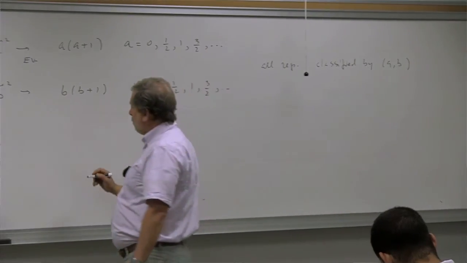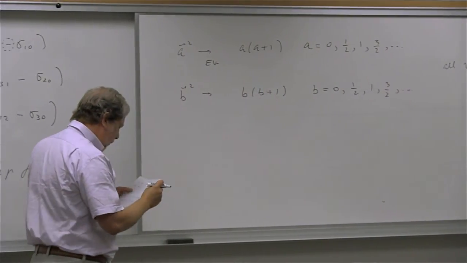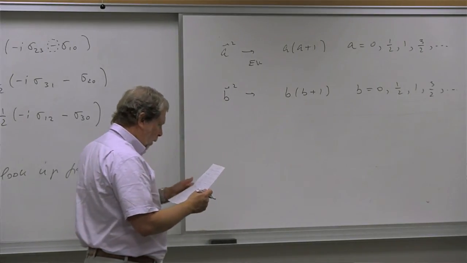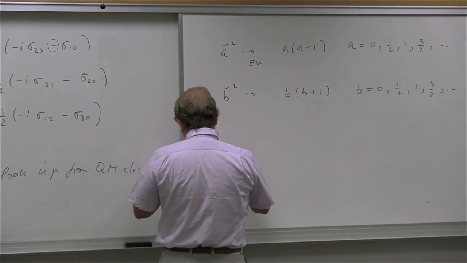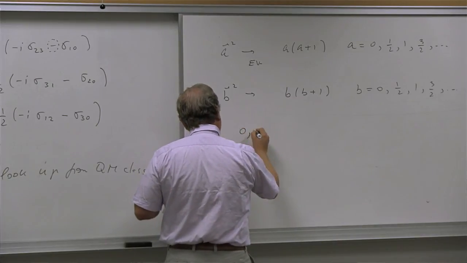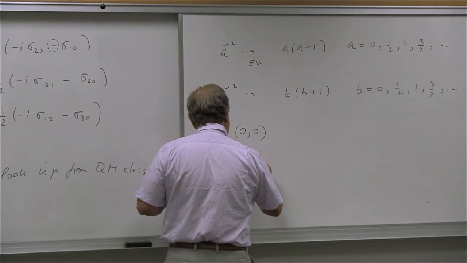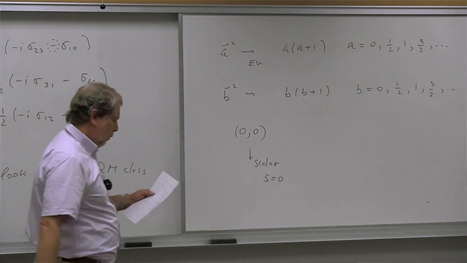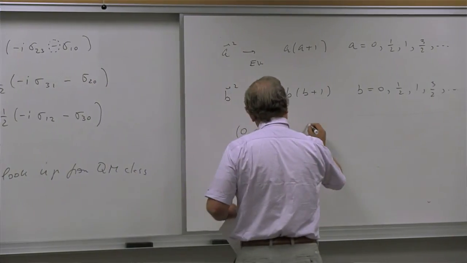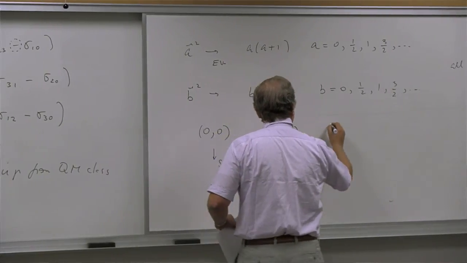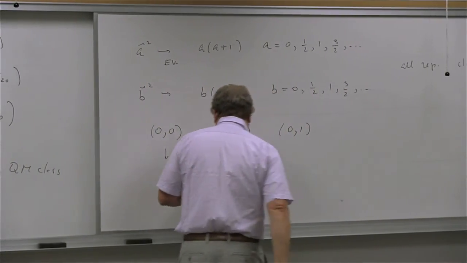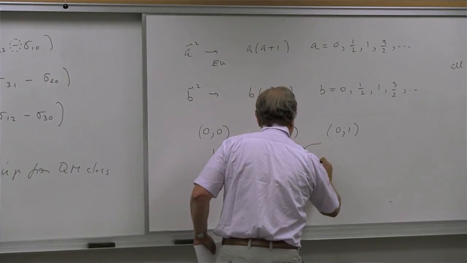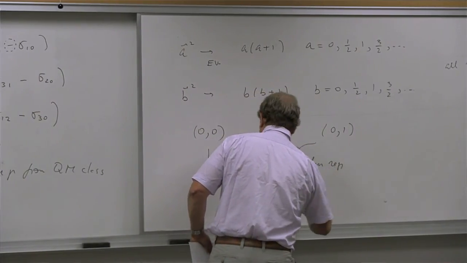Okay. So for example, we can have the (0, 0), and that's a scalar, and it has spin 0. Then we have the (1, 0) and the (0, 1). And these are 3-dimensional representations.